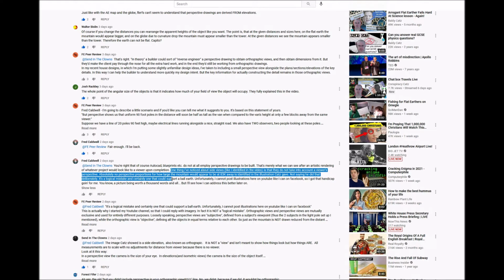Absolutely no perspective proportions for how large the mountain would appear to be at 83 kilometers away is identified in the illustration Baldy Cat gave. When you're using trigonometry and you're working from actual distances, not apparent distances, not angular sizes, but actual sizes. And this is where I thought, okay, this needs to be addressed.